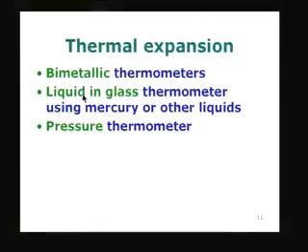When you subject it to a temperature, one of them will expand more and the other will expand less, and therefore the element, if it is straight to start with, will start bending, and the amount of bend can be a measure of the temperature.